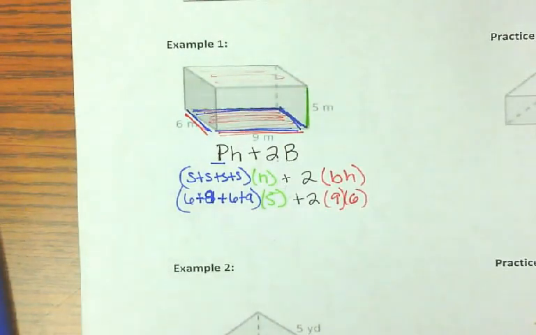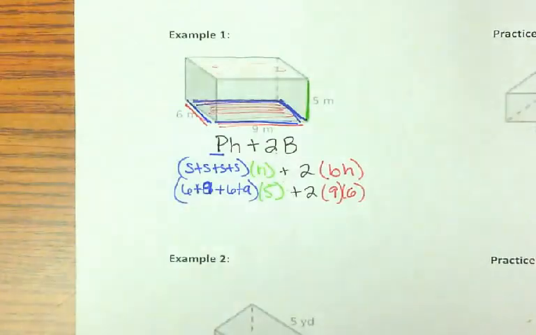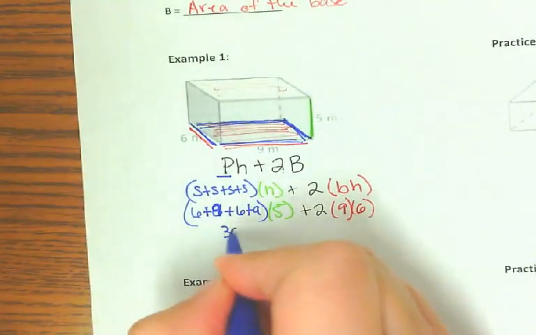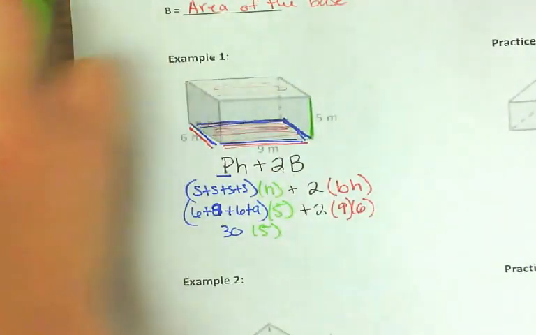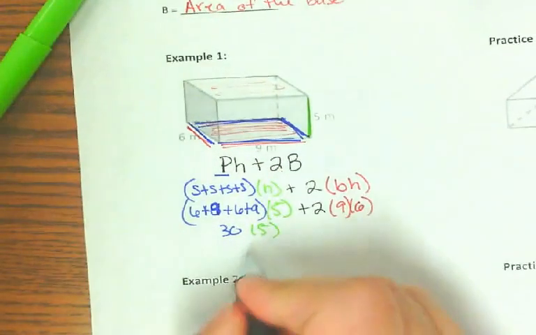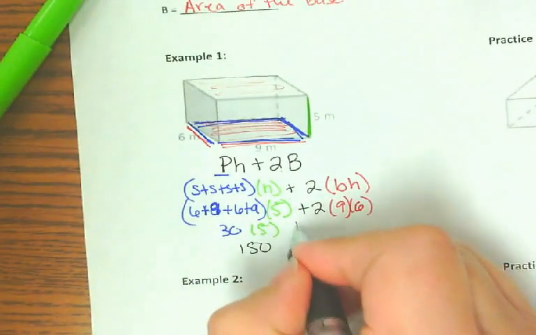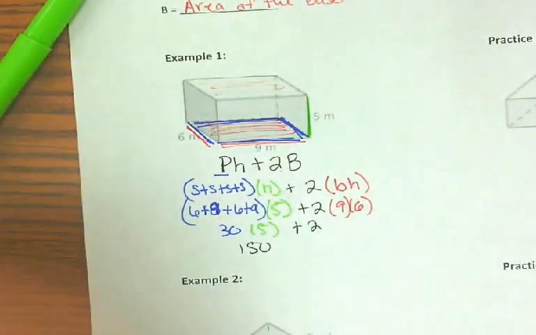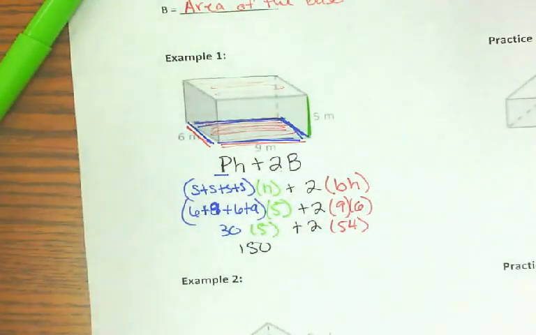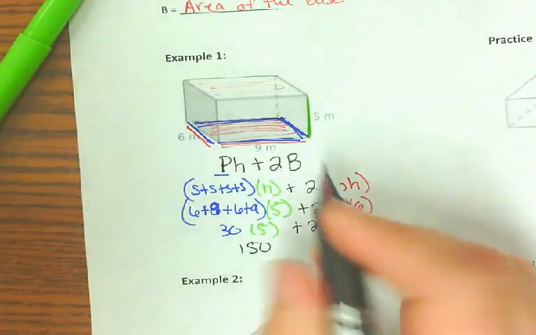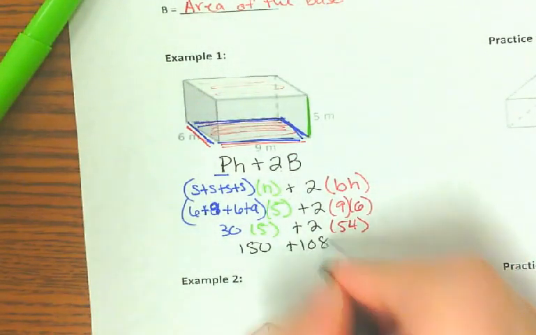Now that I have all of my numbers, I can plug all of those into the calculator. When I add up my 6 plus 9 plus 6 plus 9, I'm going to get 30. So 30 times 5 is going to be 150. Plus 2 times, well, 6 times 9 is 54. Then 2 times 54 is 108.